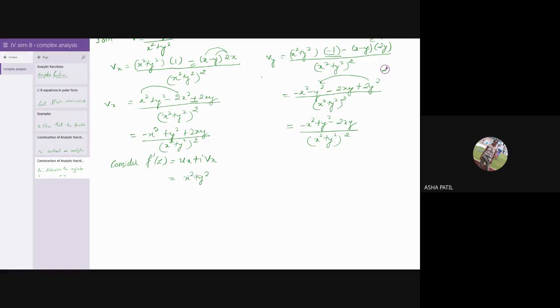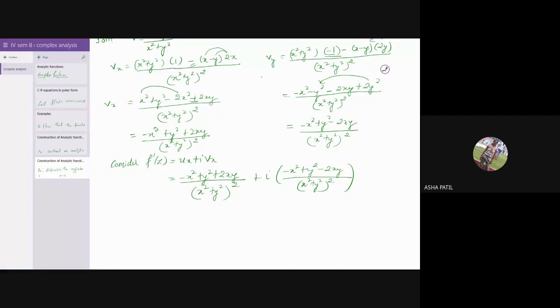So what we have here is minus x square plus y square plus 2xy divided by x square plus y square whole square, plus i into minus x square plus y square minus 2xy divided by x square plus y square whole square.